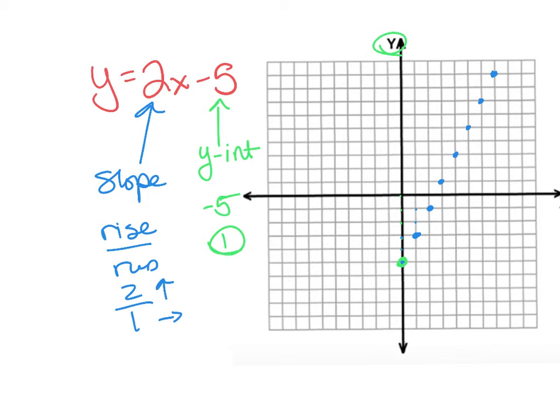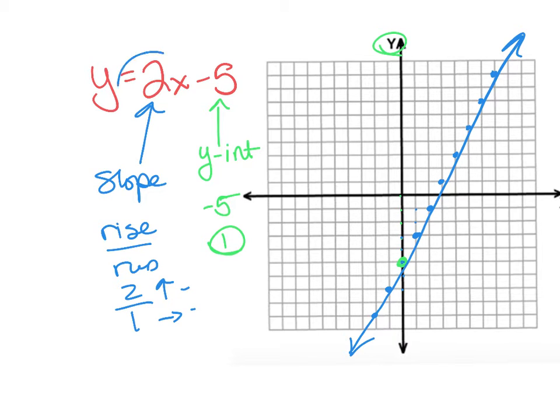Now, if I want to go the other way, we're going to go down 2 and to the left 1. And then, of course, we are going to draw as straight of a line as we possibly can. And we have graphed slope-intercept form.